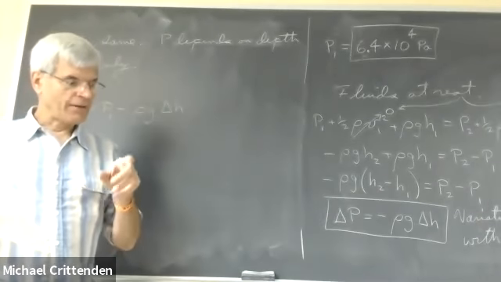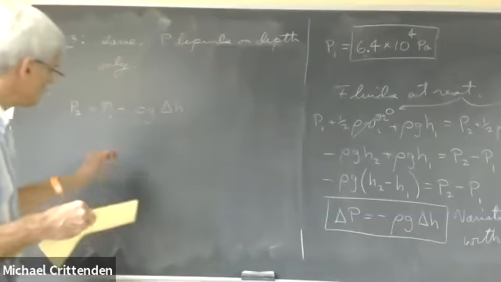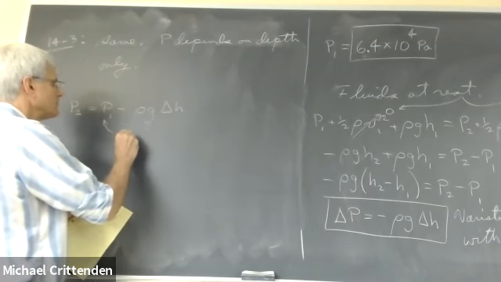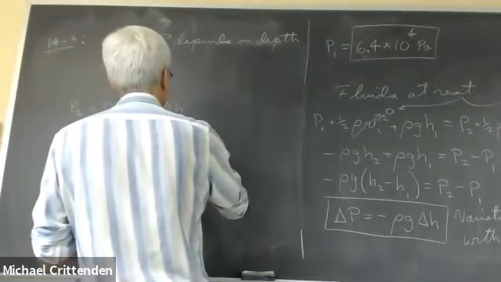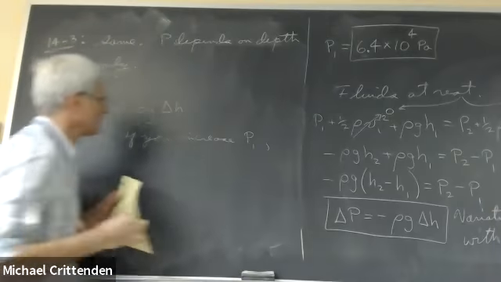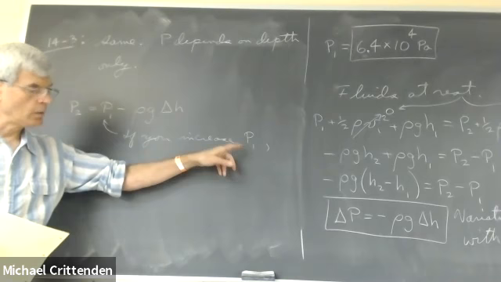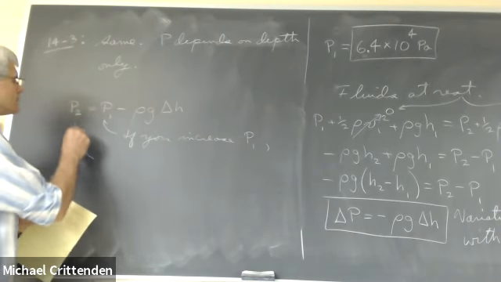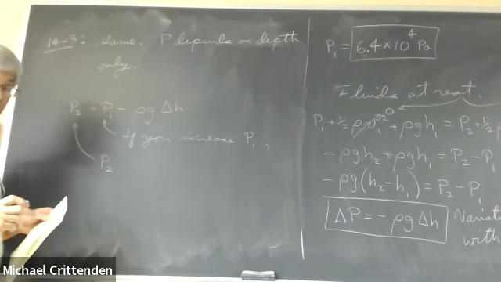If you create pressure at a certain point in a fluid, such as point number 1 here, it says, if you increase P1, then the thing to notice is P2 increases the same amount.